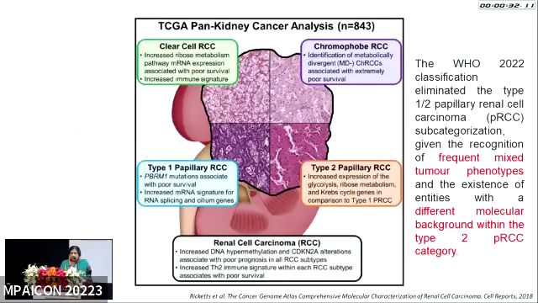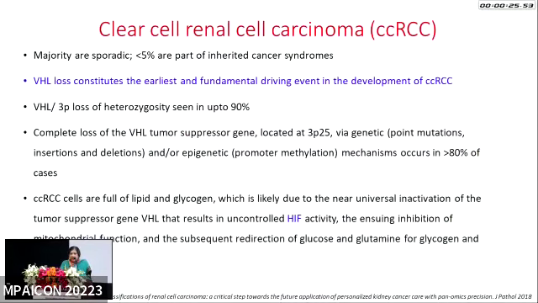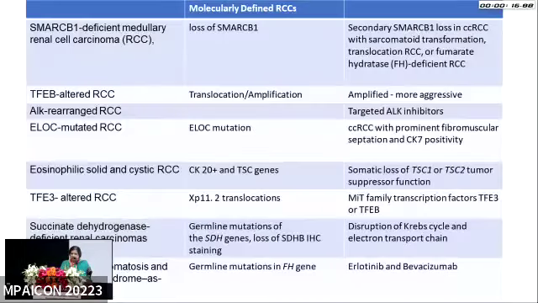This is the Cancer Genome Atlas pan-kidney cancer analysis, but I'll talk about conventional renal cell carcinoma. Here, VHL loss constitutes the earliest and fundamental driving event in the development of conventional renal cell carcinoma.